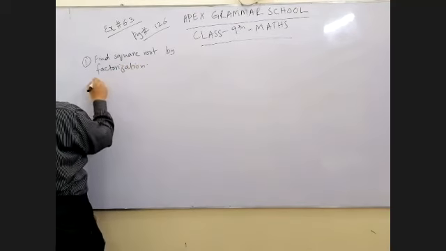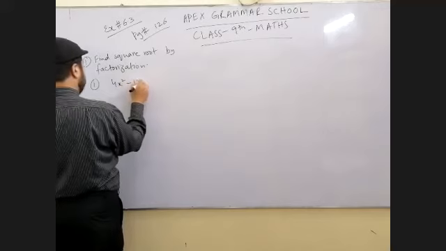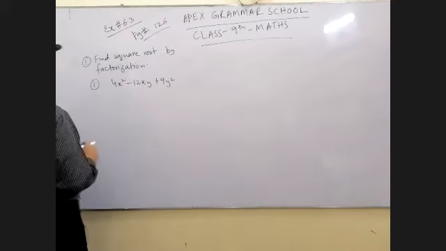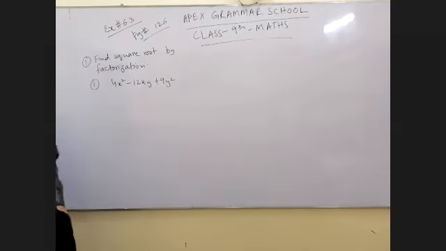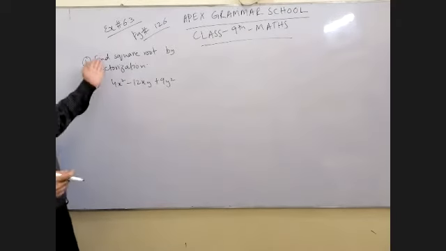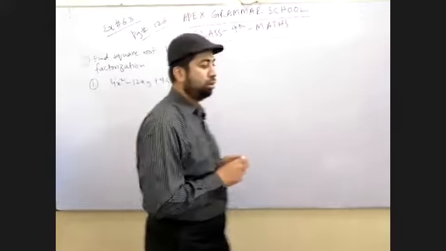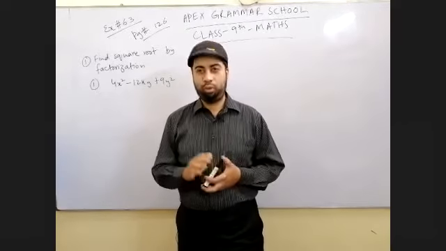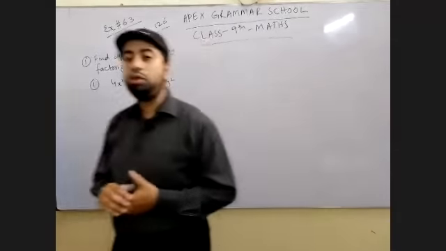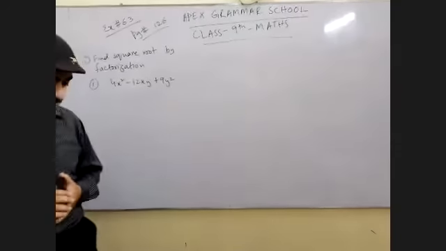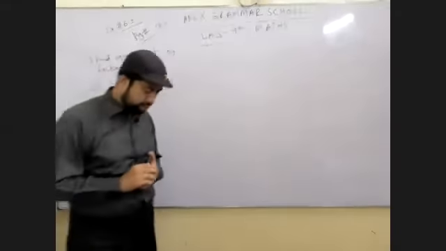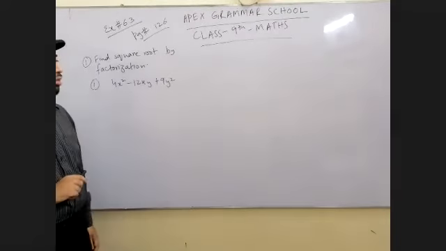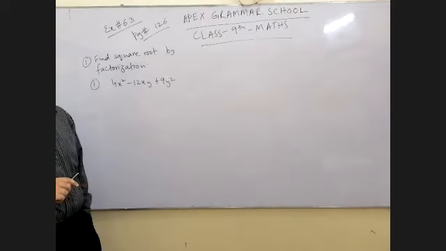The first part of it is 4x square minus 12xy plus 9y square. Now for this question, you can see that it is asking us to find the square root. First of all, there are two methods to find the square root. The first method is the division method and the second is factorization. This one is the factorization method. We will also do the division method.